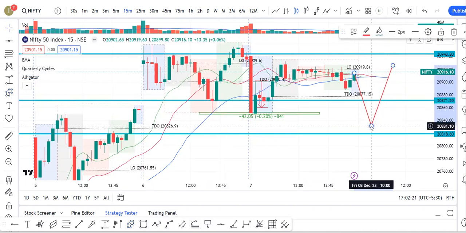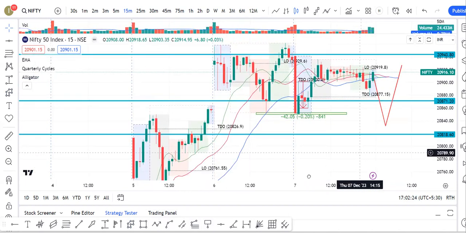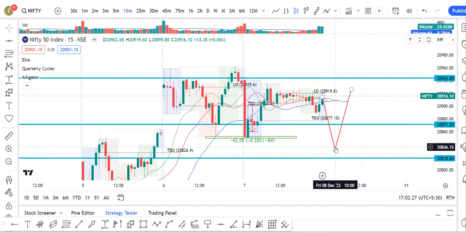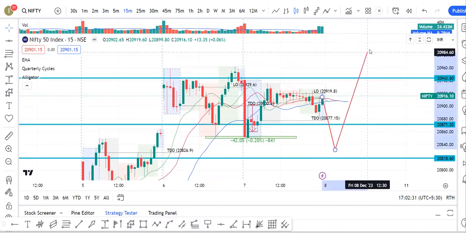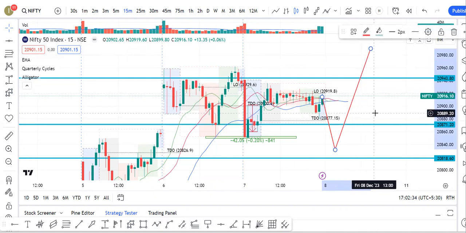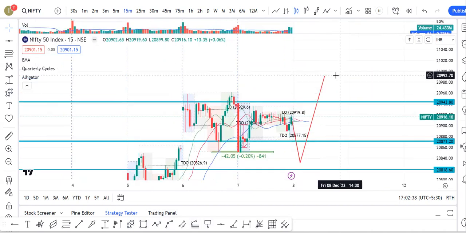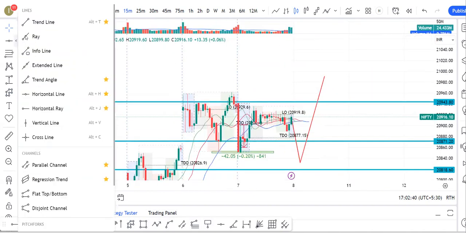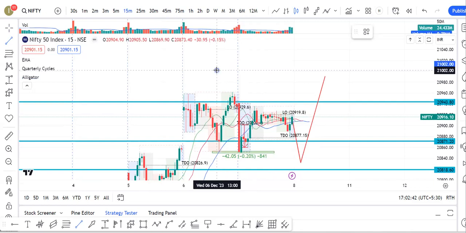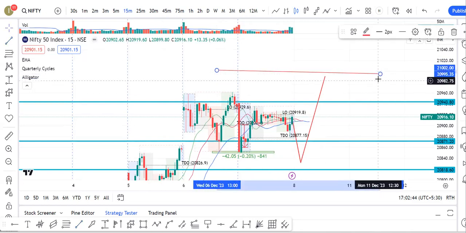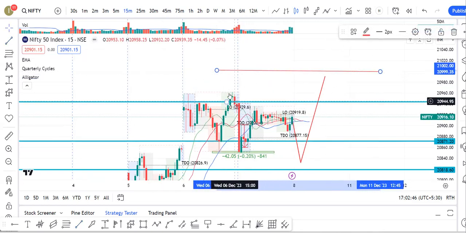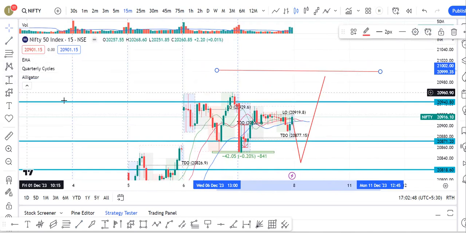If the market grabs the liquidity in this area, and starts reversing, it has got the capacity to go past 20,990 or 21,000. So it has got the ability to go to the level of 21,000 and more. And they will grab the liquidity on the double top over here.